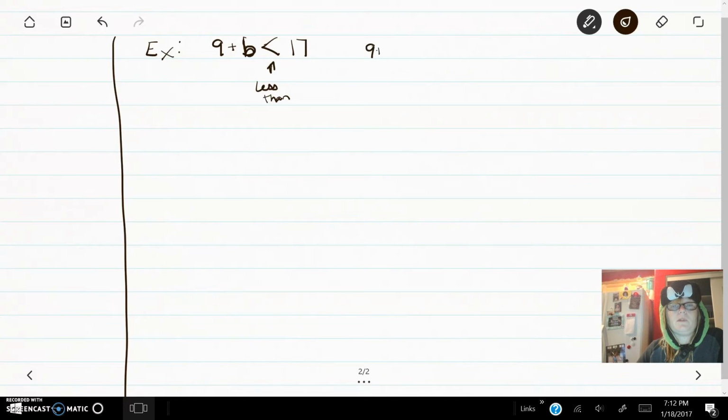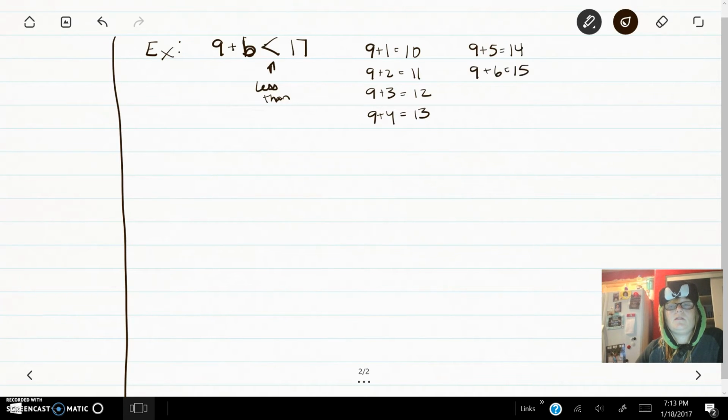So we've got 9 plus 1 is 10. 9 plus 2 is 11. 9 plus 3 equals 12. 9 plus 4 equals 13. 9 plus 5 equals 14. 9 plus 6 is 15. 9 plus 7 is 16. 9 plus 8 is 17.